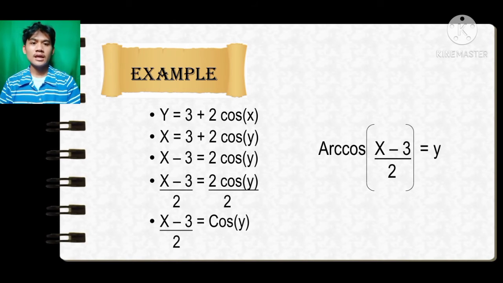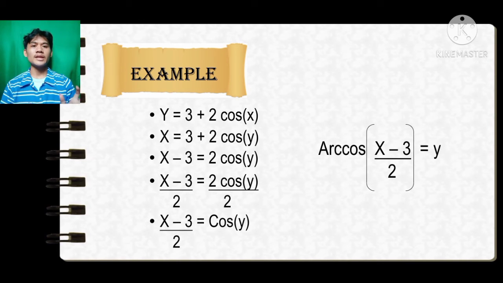So we have x is equal to 3 plus 2 cosine of y. Next, apply the additive inverse by adding -3 to both sides to come up with x - 3, eliminating the 3 from the other side. So we have 2 cosine y. Next, to eliminate the 2, apply the multiplicative inverse by multiplying both sides by 1/2. So we have (x - 3)/2 equals cosine y.